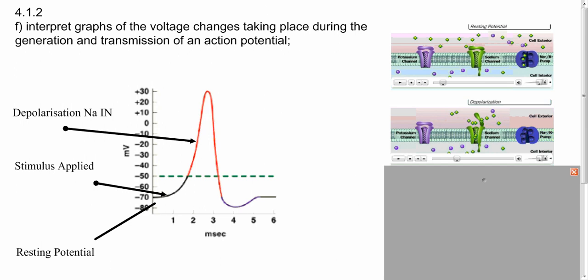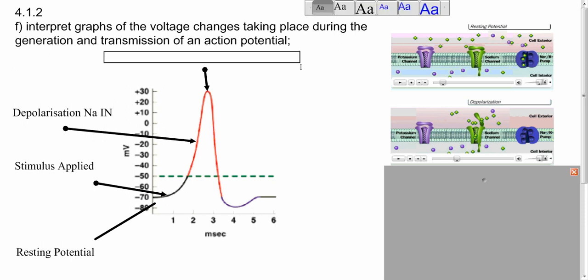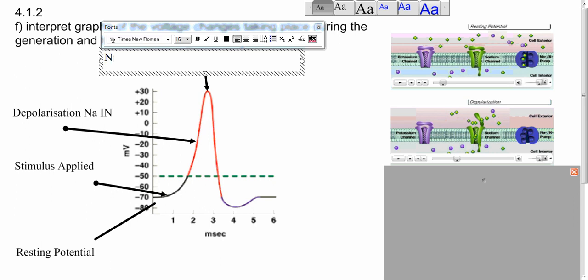What you may also be expected to do is to label what's happening to the channels at different stages. So for instance, at the top here, at this stage, the sodium channels will now be closing at the end of depolarization, and the potassium channels will then open, and that starts the next stage of the process.